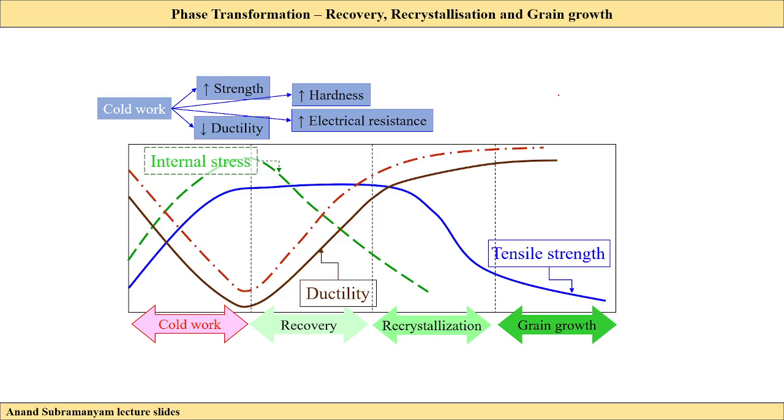After the phase transformation, to improve the mechanical properties, we do cold working. Cold working is nothing but the deformation of a material. Deformation can be done by different types of processes, and one of the most industrially applied processes is cold rolling.